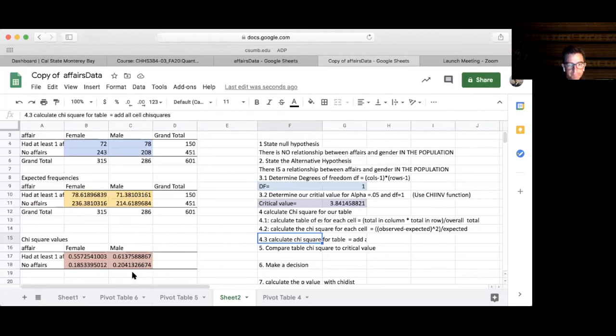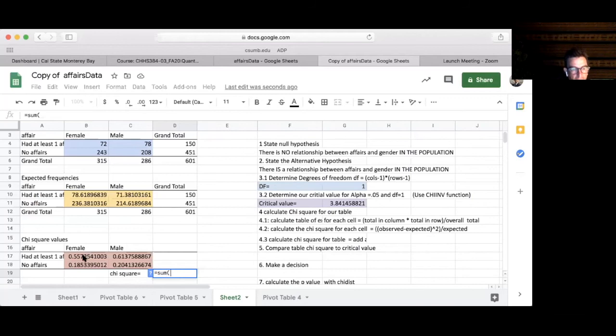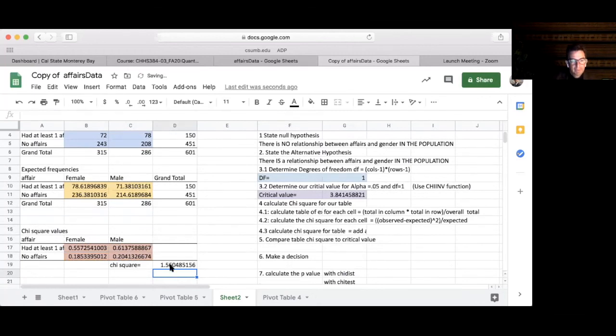So here, let's put it just here, chi-square equals, and to get a sum, we'll just use the sum function. So sum all of these cells, enter. And we get that our chi-square statistic is 1.56.